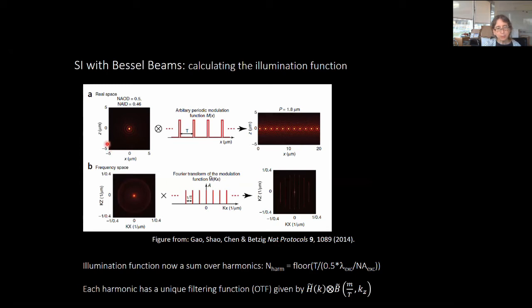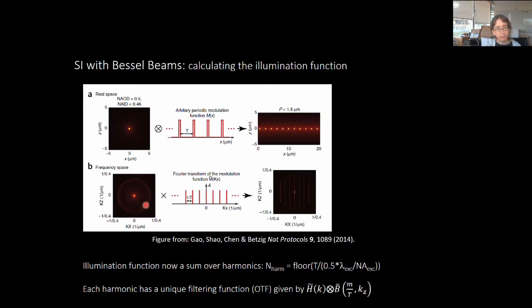And to do structured illumination with Bessel beams, we're going to take a Bessel beam and step it across the field of view using a galvo mirror. That's equivalent to convolving your Bessel beam with a periodic modulation function turning on and off. And you get this array of Bessel beams here. This is the Z-axis here, and this is the X-axis. You're looking at the beams as they go across the image.